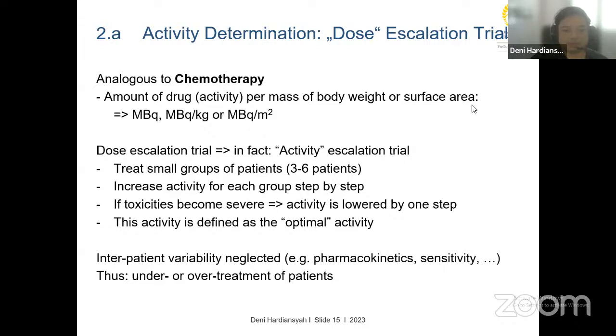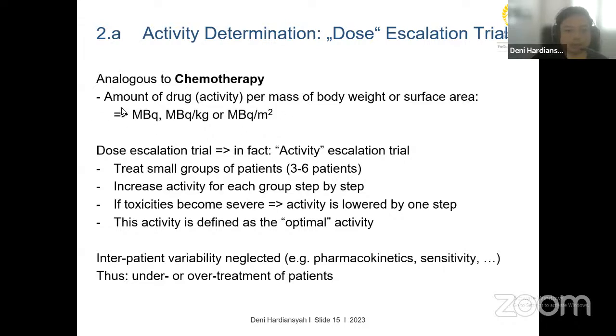So in this case, we already have some information from the literature or from some society of nuclear medicine in the world, for example, from Europe or from America. They already have a certain number of megabecquerel, certain number of megabecquerel per kilogram, or certain number of megabecquerel per body surface area. How did they calculate this actually?